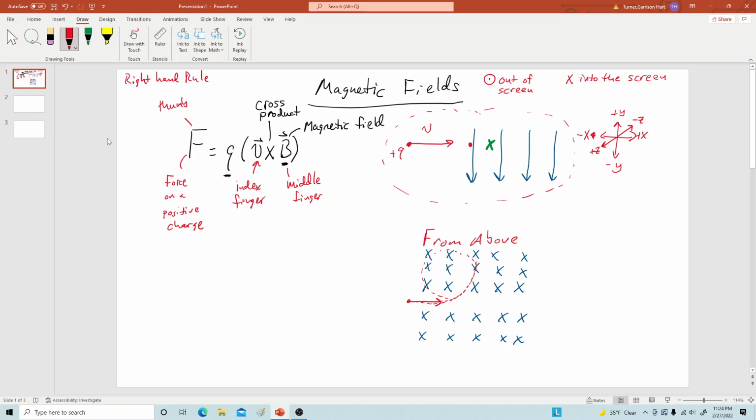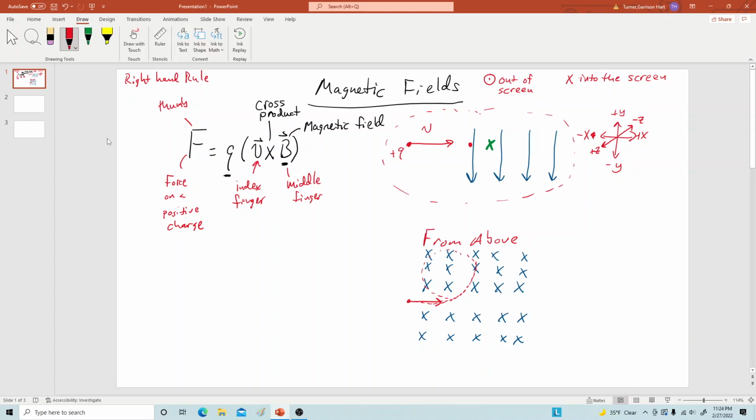So certain devices like the cyclotron operate on this principle that a charged particle, whether it's an electron or a proton, will experience a force in a constant magnetic field. If it was injected at a right angle to that field, it will move in a circular form.